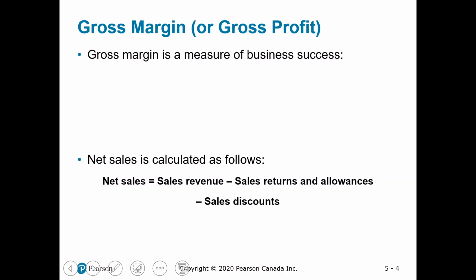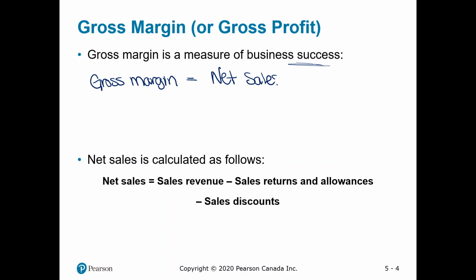Okay, so we'll look a little bit more here at gross margin or gross profit. It's a really important measure for a merchandising company and how successful the business is doing at making money when they sell those goods. Gross margin, as I said, is equal to net sales minus cost of goods sold, or COGS.